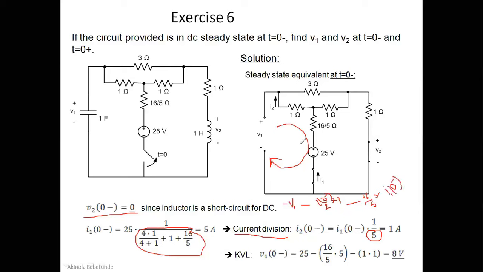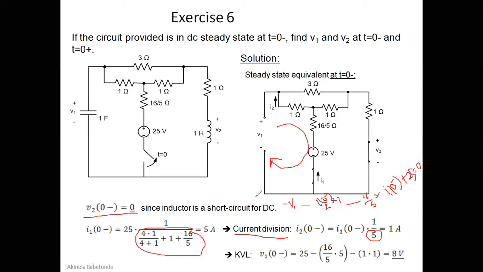And then this direction is traversing from positive to negative on this voltage, so we're going to have plus 25, and everything will be equal to 0.